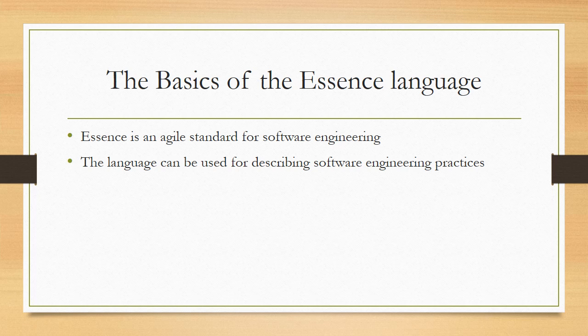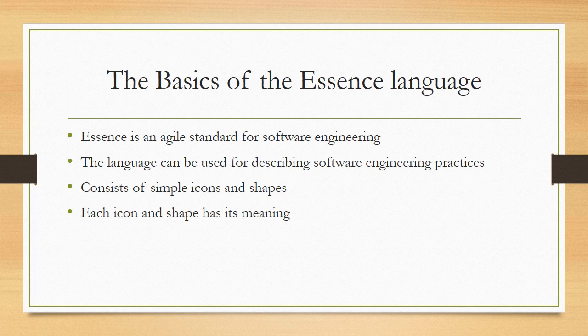Because it acts as a foundation of common ground, it's good at simplifying complex structures to help make the practices understandable. The language has a predefined set of shapes and icons which are simple and easy for everyone to understand. All the icons are defined to have a distinctive meaning that represents a core part of software engineering.